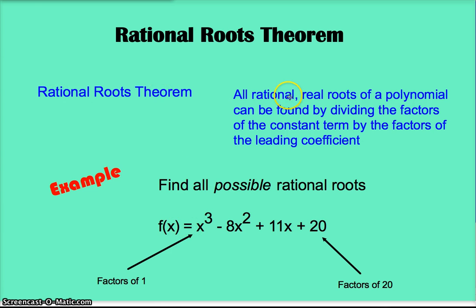And these are all possible roots. So not every one of these that we find is actually going to be a root of it, but all the roots will be contained within that set that we come up with, okay? So go ahead and write down this blue stuff here. Pause it, write it down.